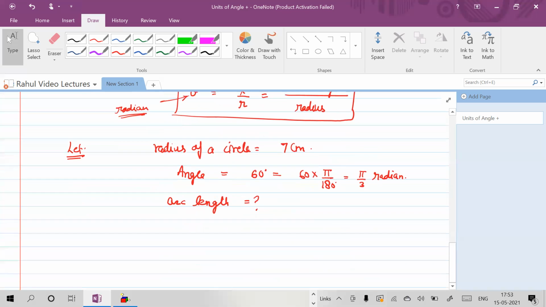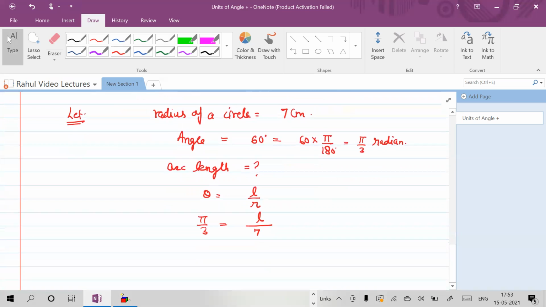So you can use the formula theta equals L divided by R, and theta will be pi by 3, equal to L, which you don't know, divided by R, which is 7. So L equals pi by 3 into 7.